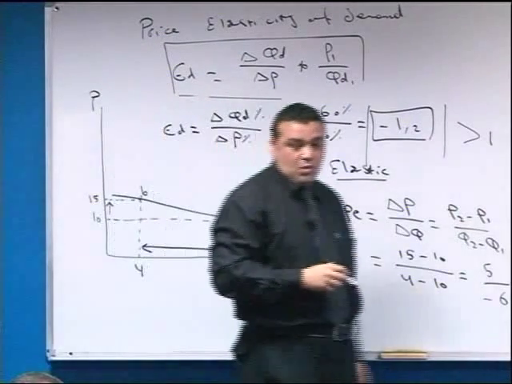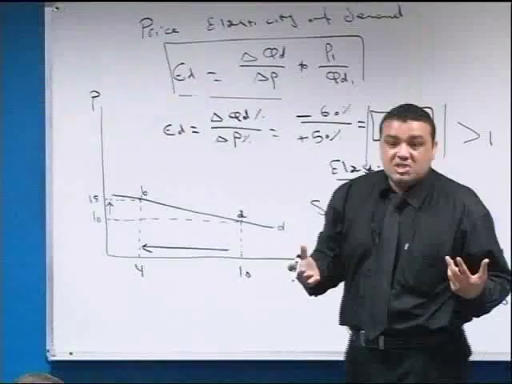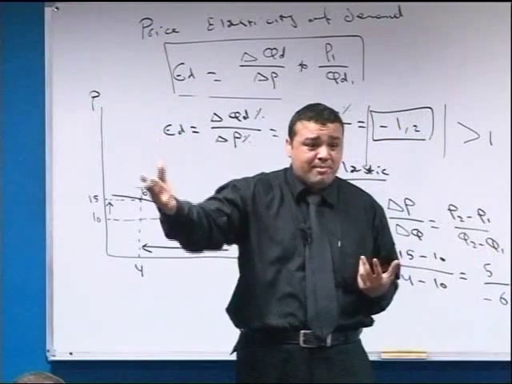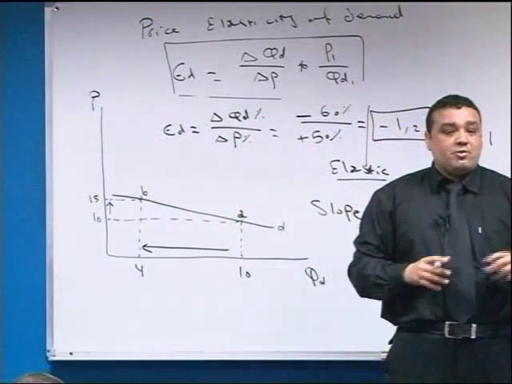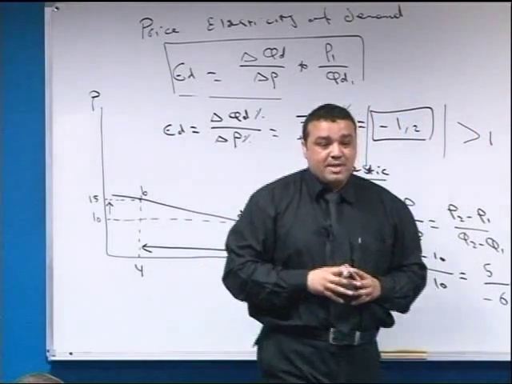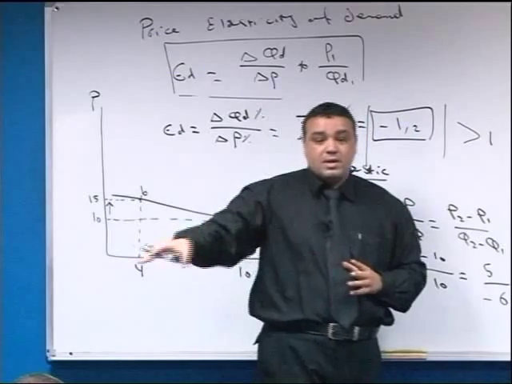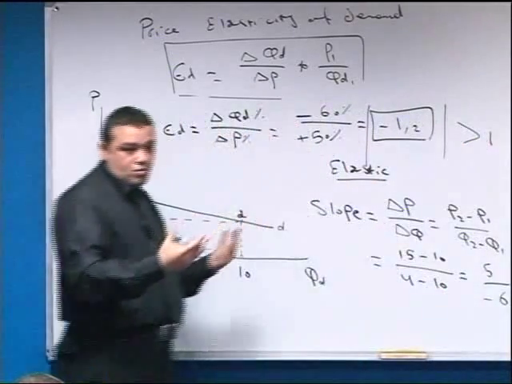Yes, thank you. There is an inverse relationship between the price elasticity of demand and the slope. The more elastic the demand, the lower the slope of the demand curve, and vice versa for sure.